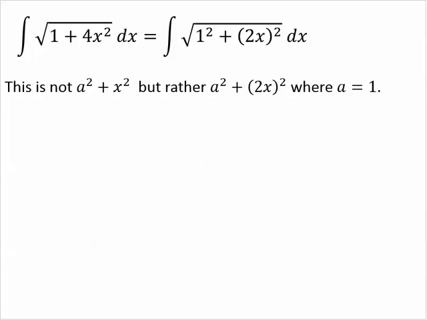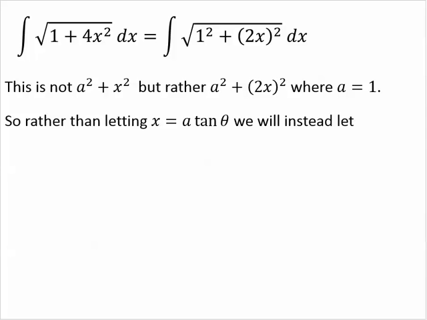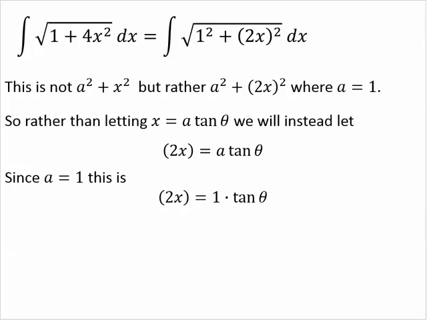So what's our substitution going to be? It's not going to be x equals a tangent theta, but rather it's going to be twice of x equals a tangent theta. Now, use the fact that a equals 1, and the substitution that we're going to do is the substitution 2x equals tangent theta.